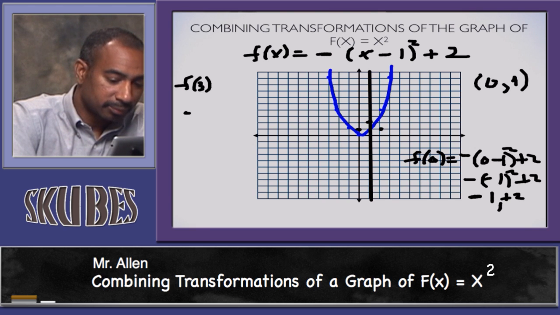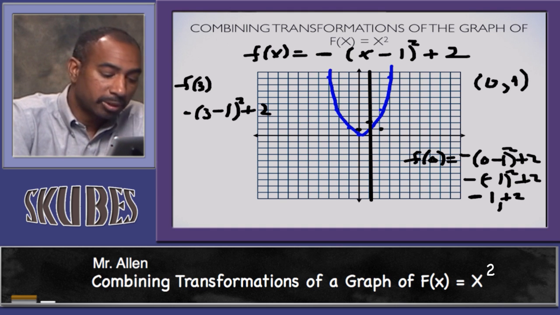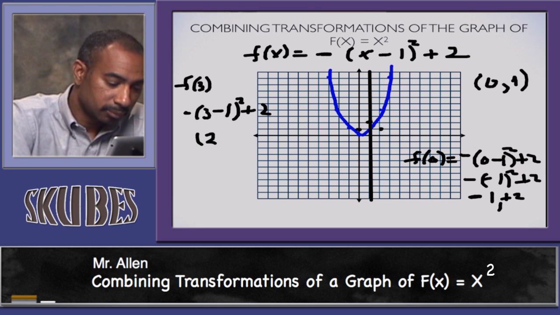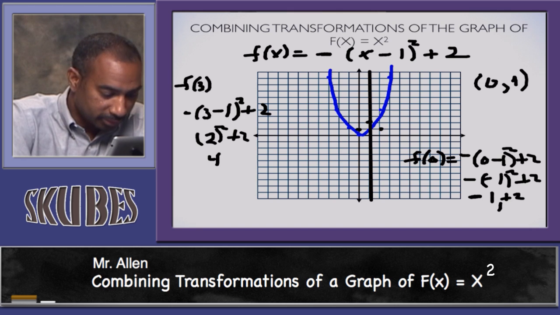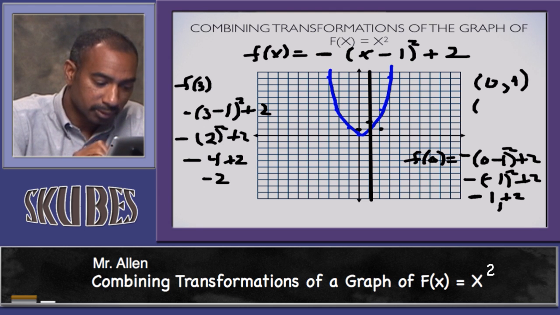You're going to have negative (3 minus 1) squared plus 2. Well, 3 minus 1 is 2. And when I square that, I get 4, but don't forget about the negative sign there. So it's negative 4 plus 2. And that gives me negative 2. So when x is 3, I get negative 2.